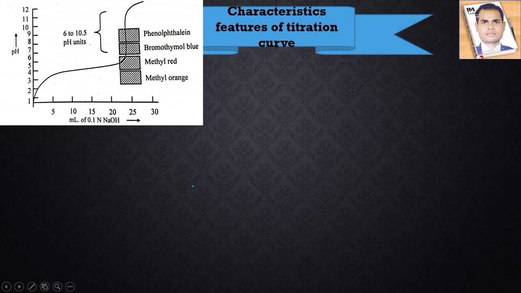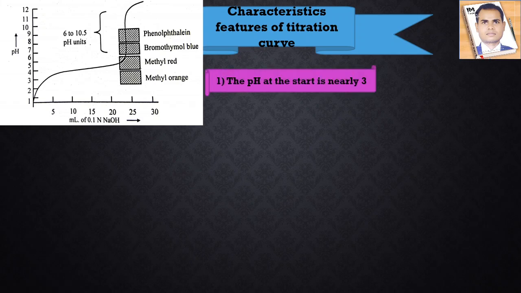Now we have to see it point by point. The first stage, the pH at the start, is nearly 3. You can see here, at the start, the pH is near about 3.